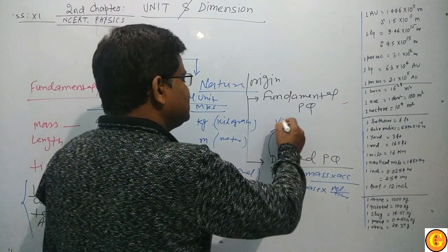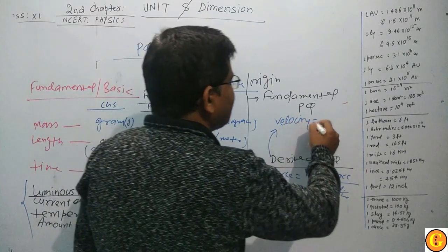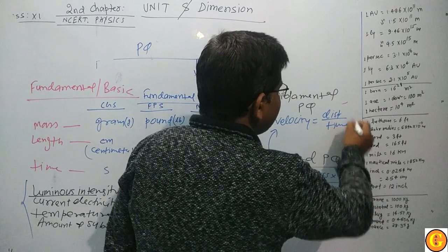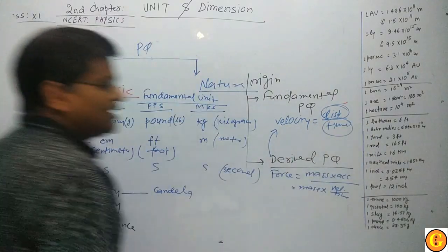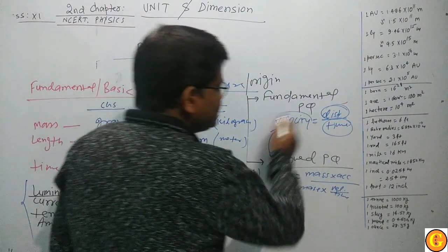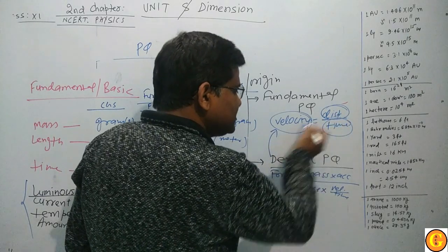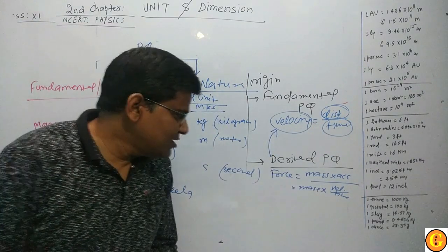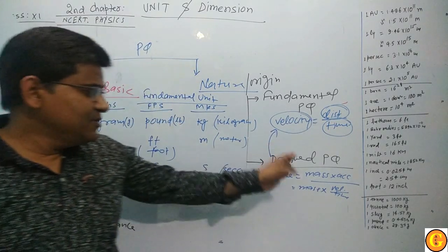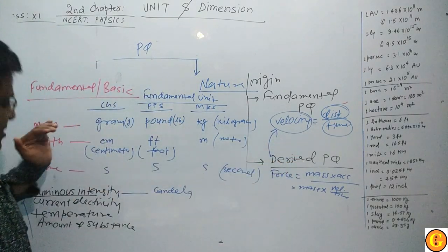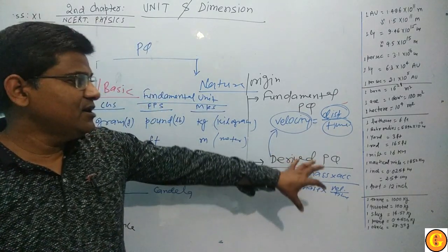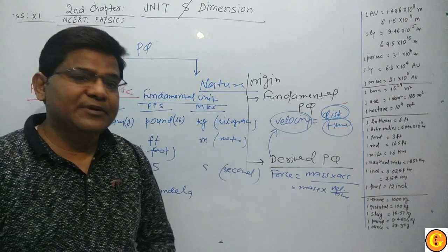Velocity is derived from displacement by time. Displacement is fundamental and time is fundamental, and velocity is derived from displacement and time, and that is why it is called a derived physical quantity. Derived physical quantity means the quantity which can be derived on the basis of fundamental quantities.